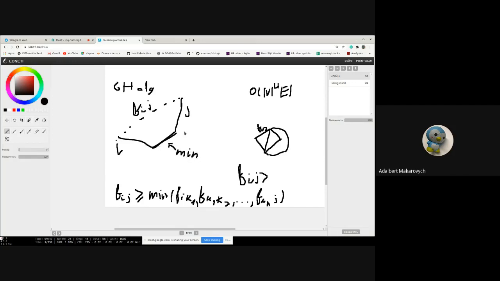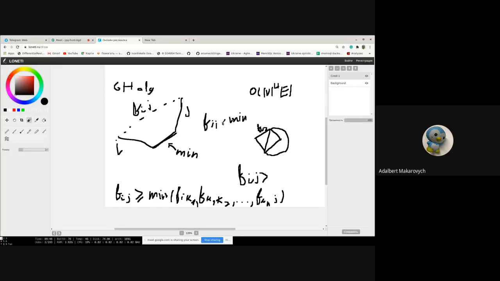So now we have that Fij is exactly the minimum on the path from I to j in the constructed tree. So we end up with a tree that is flow equivalent to our original network.